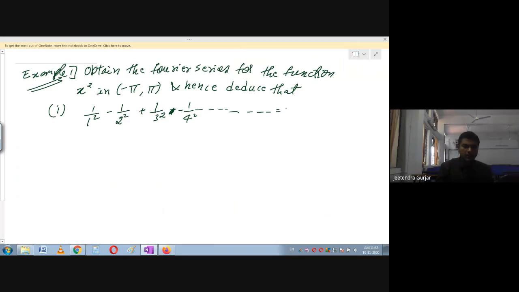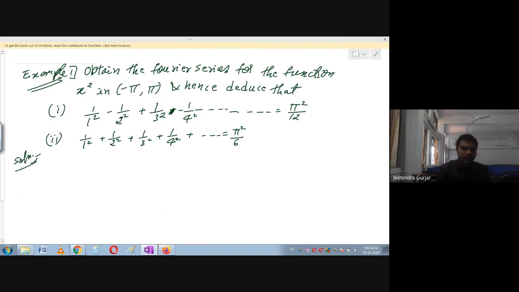It will go to pi square upon 12. Next, they have taken 1 upon 1 square plus 1 upon 2 square plus 1 upon 3 square plus 1 upon 4 square and so on. This series will go to pi square upon 6, students. Is it clear? This is a very simple question.